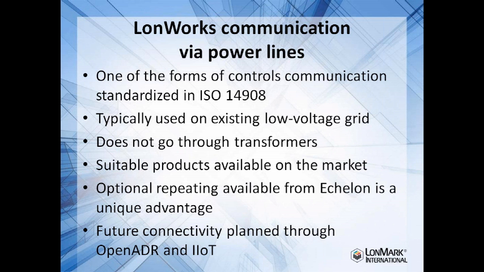It is one of the forms of control communication standardized in ISO 14908. It's typically used on the existing low voltage grid. That is, here in Europe, normally 230 volts if it's single phase, or 400 volts if it's three phase. In other countries, the voltages could be different.